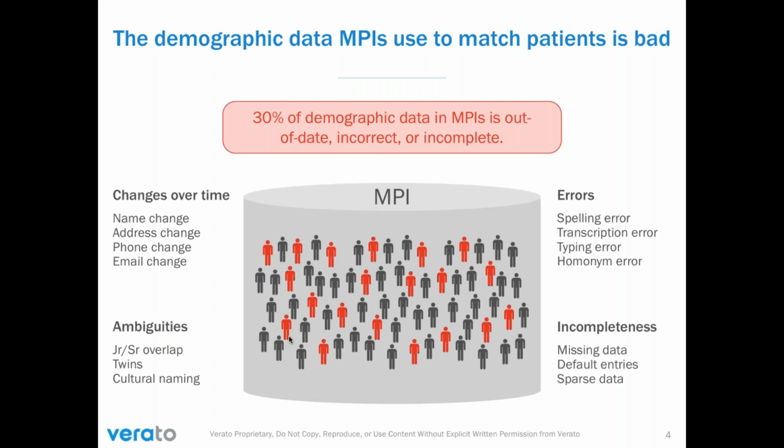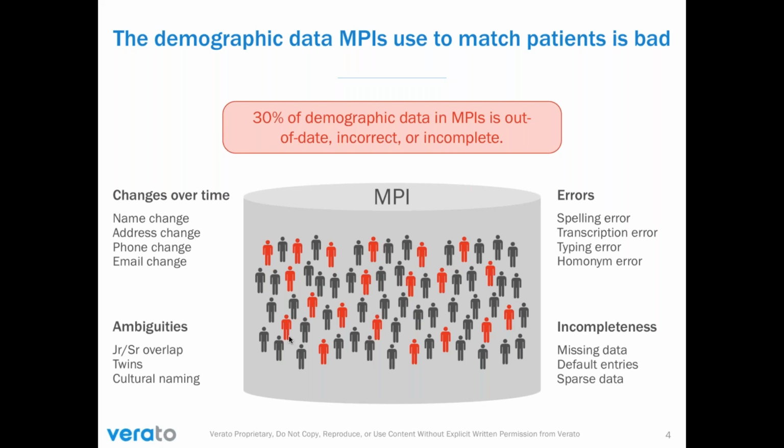The reason that MPIs need to be tuned is that the data you're processing when you're trying to rationalize patient records is not of the highest quality. This is probably not news to anyone who's looking into making an MPI purchase or investing in MPI related programs.